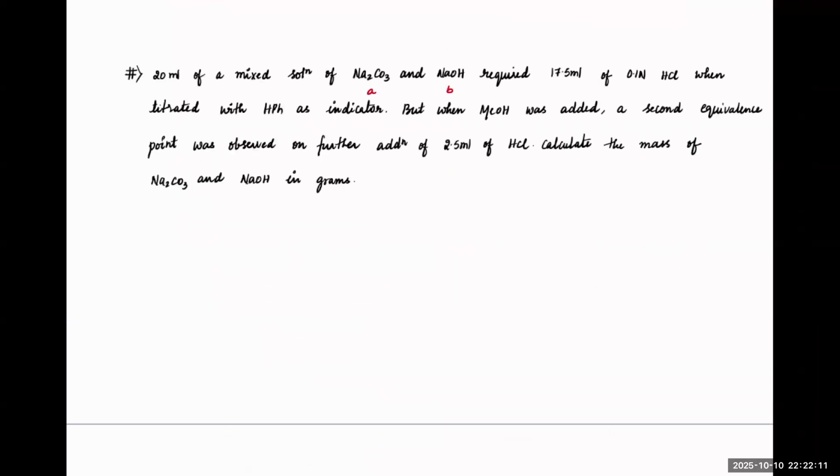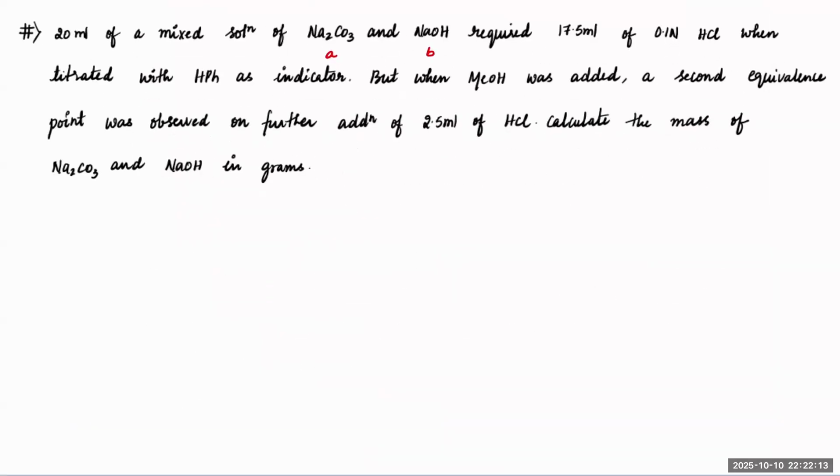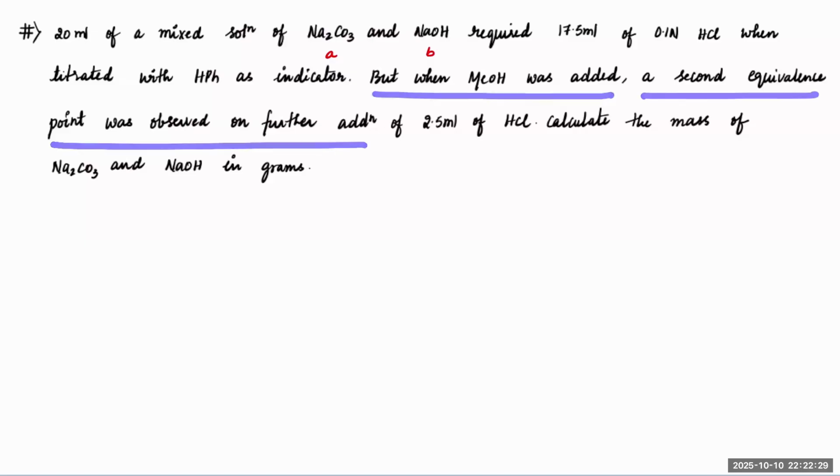Right. See the next question here. It's in very similar terms. 20 ml of mixed solution of Na2CO3 and NaOH requires this much of HCl when titrated with phenolphthalein. But when methyl orange was added, a second equivalence point was observed.